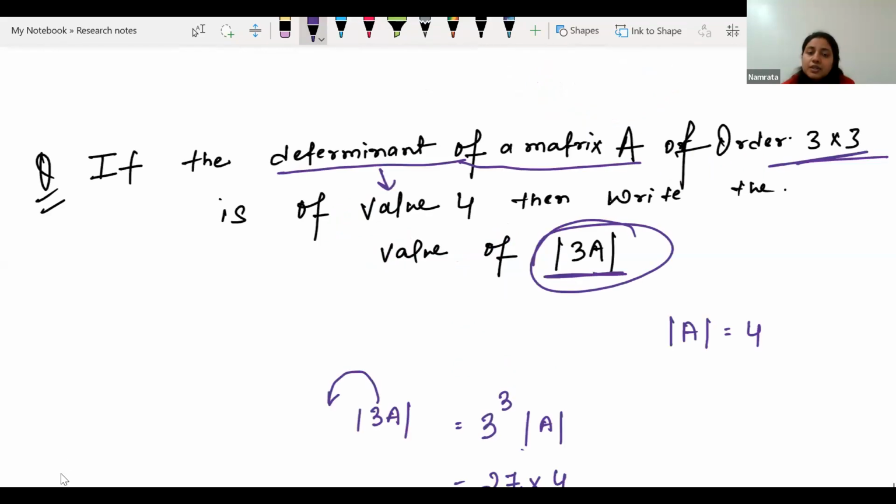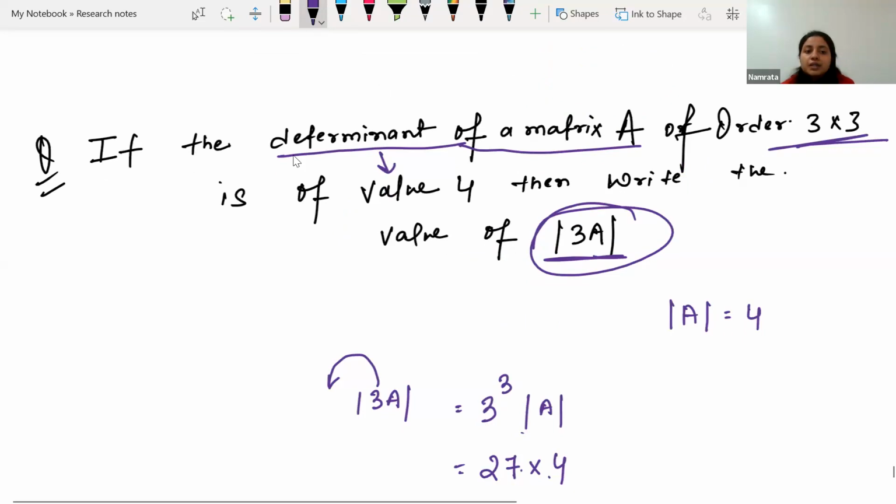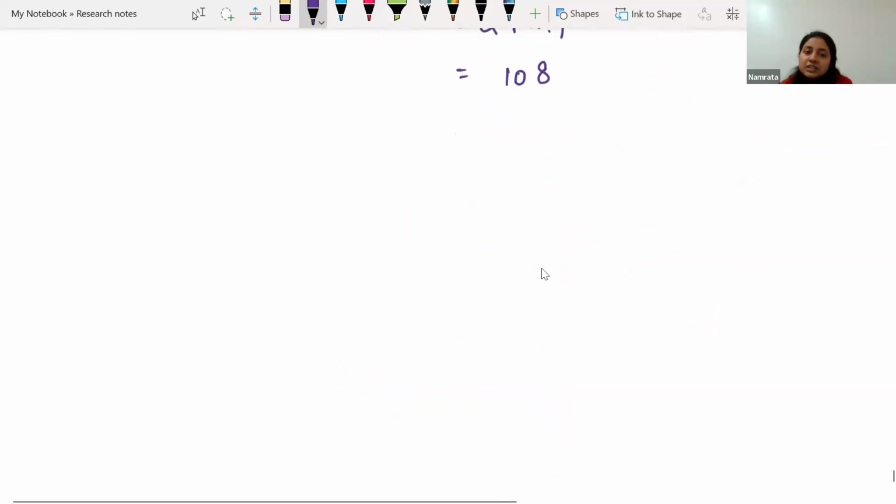Okay, read the question carefully, you will be able to get it. If the determinant of the matrix A of order 3 is of value 4, then write the value of this one. So basically this property says that if we have 3A like this, that means 3 is there with each and every element of this determinant.